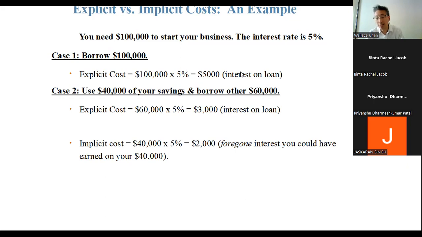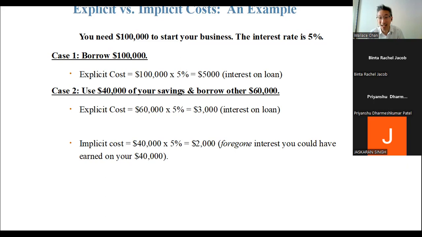But economists say, wait a second, that is not it. Because if you don't use that $40,000 of your savings for your business, you can use the $40,000 for something else. You see what I mean? You can actually lend the $40,000 to someone else and earn the 5% interest.